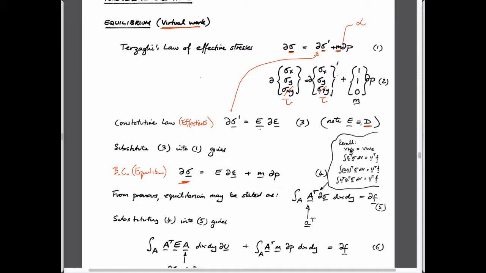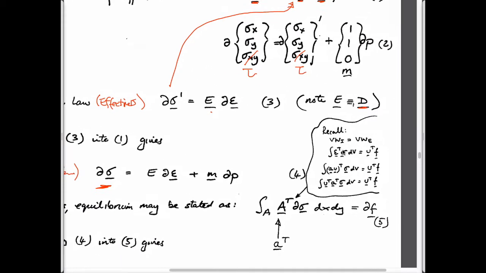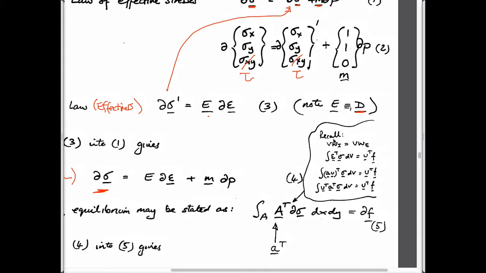I'll blow that up so you can actually see it. If you remember when we developed the finite element equations for solid mechanics, we equated internal virtual work and external virtual work. External virtual work was forces times displacements. Internal work was strains times total stresses. The magnitudes of the strains we could write by this, because epsilon is equal to A U, which is this.